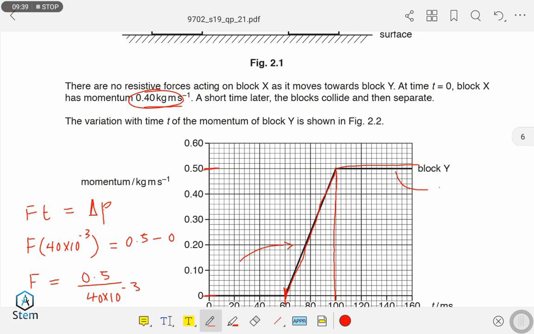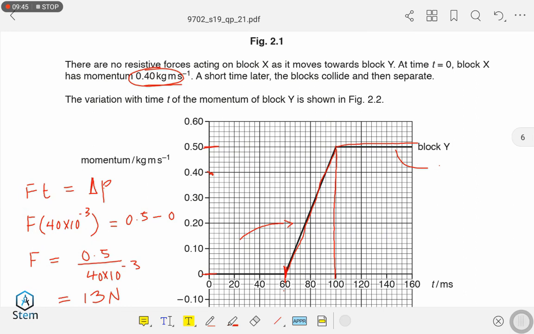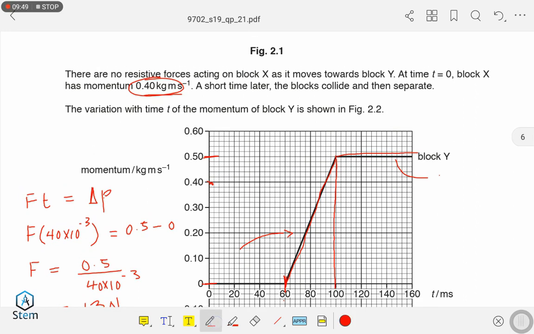So the momentum of the block was here. It maintained this momentum until it interacted with block Y. So the momentum from time equal to 0 to time equal to 60 was 0.4 kg meters per second.